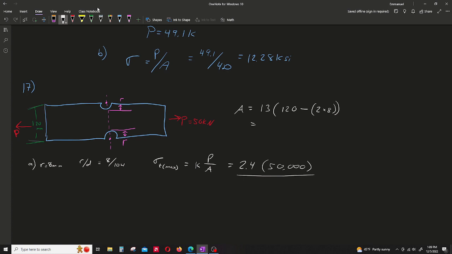And that gives us an A value of 1352 millimeters squared. So that's 1352, and therefore we get 88.8 megapascals.